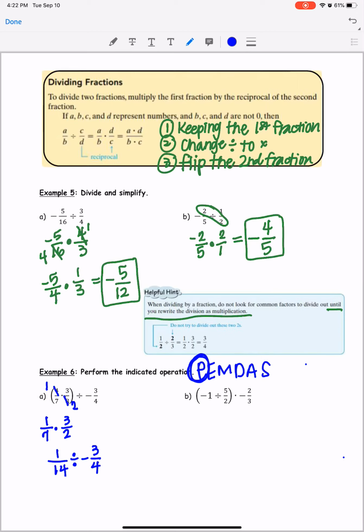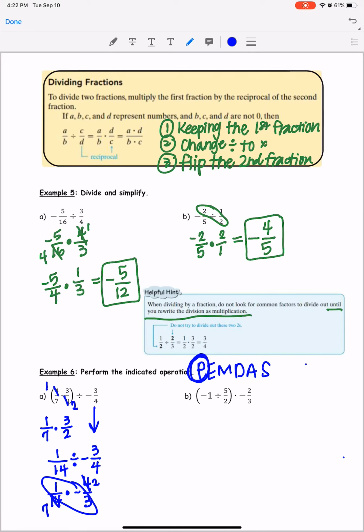And now I need to rewrite this. So this is going to be rewrote as 1 over 14 times, flip this, so negative 4 over 3. So check if you can cross-reduce. This way here, we can cross-reduce by 2. So 14 divided by 2 is 7. 4 divided by 2 is 2.